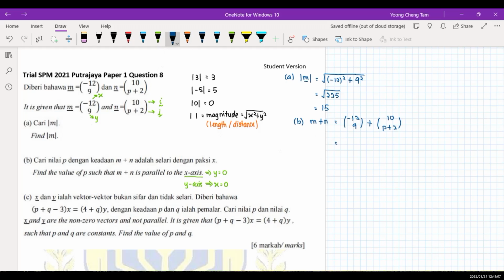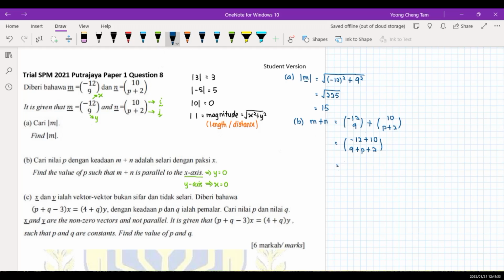After that, you need to do the calculation. The top number plus the top number and the bottom number plus the bottom number. So you get -12 plus 10 for the top number, and the bottom number is 9 plus p plus 2.